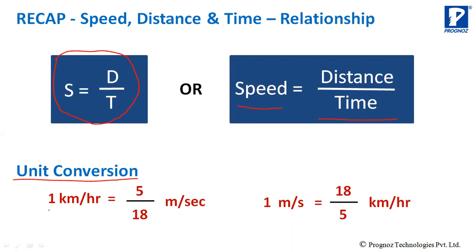So to convert kilometer per hour to meters per second, one has to multiply by 5 by 18. Similarly, to convert meters per second to kilometers per hour, one has to multiply by 18 by 5.